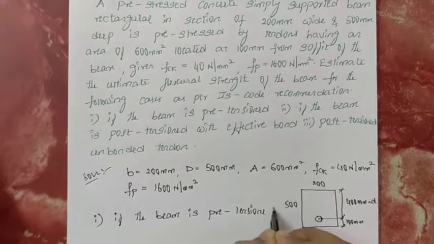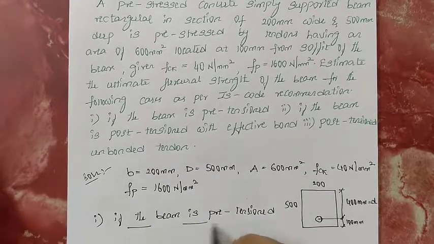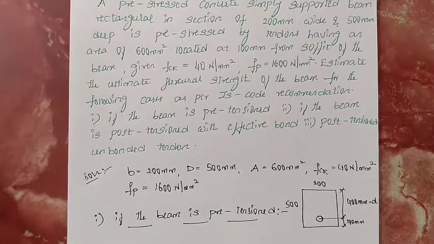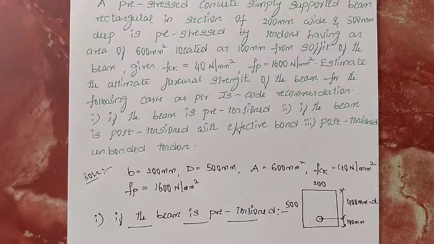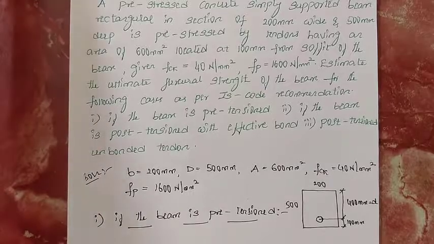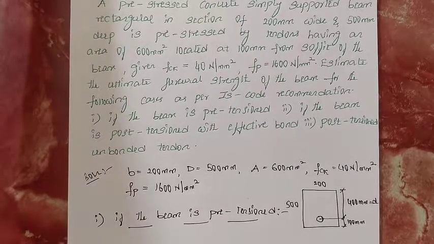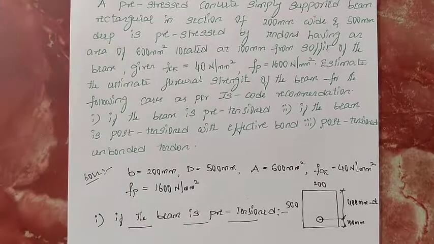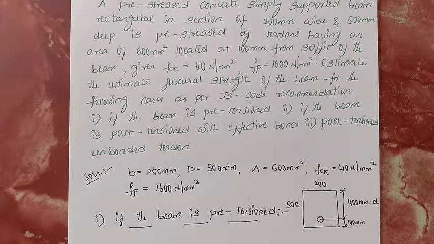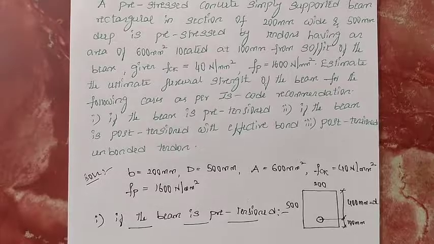The formula to calculate ultimate flexural strength of the beam is given in the code book IS 1343:1980, page number 59. I will show you. It is a rectangular beam, and if the neutral axis lies within the flanged portion, the ultimate flexural strength of the beam can be calculated by using that formula.